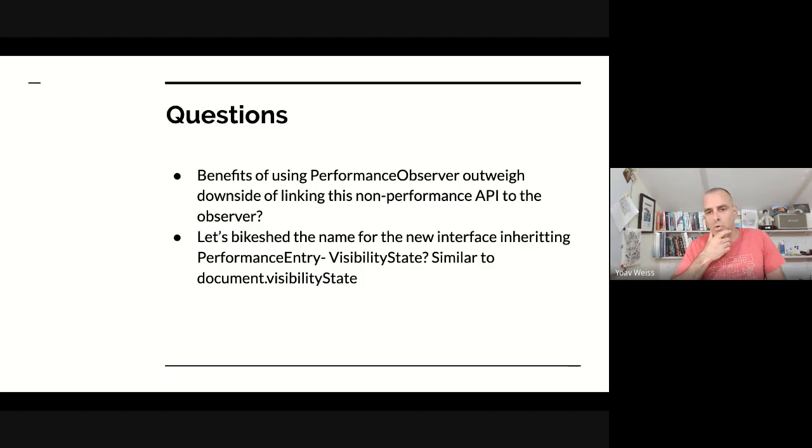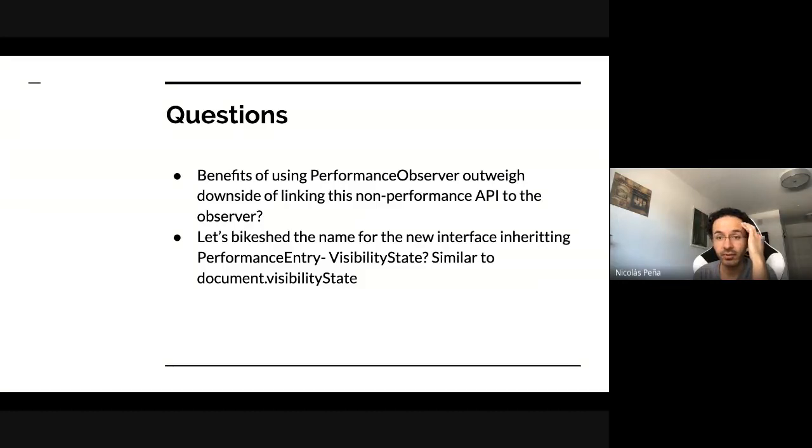We probably don't want to define a different thing. Even if IDL allows us to do that, we probably shouldn't. So maybe visibility state change, although the first one is not a change. I don't know. Or it could be just entry. It's not really consistent with other entries, but we need some appendix, or I mean, it can be a prefix too, but sorry, I meant suffix.